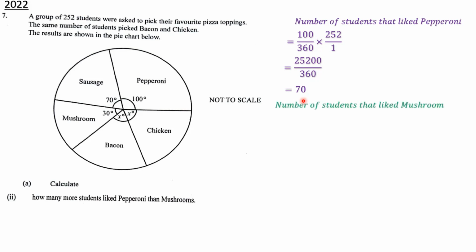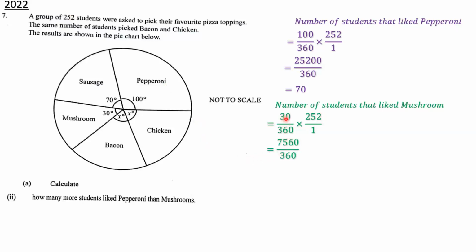Now let's move on to mushrooms. We know that mushrooms accounts for 30 degrees of the 360, so 30 over 360, multiplied by, again, 252, because that's the total amount of students in the group. We multiply 30 by 252, and we get 7,560.